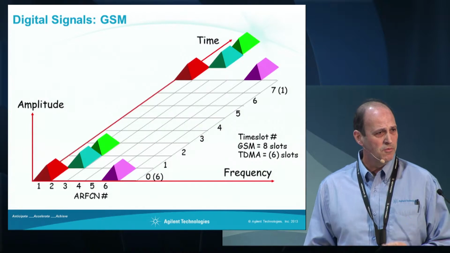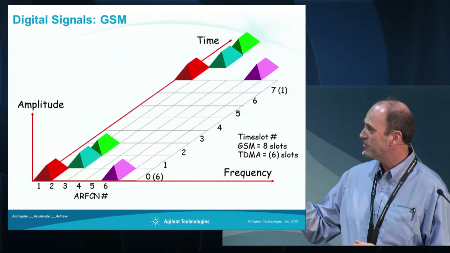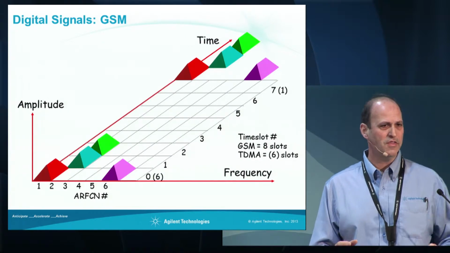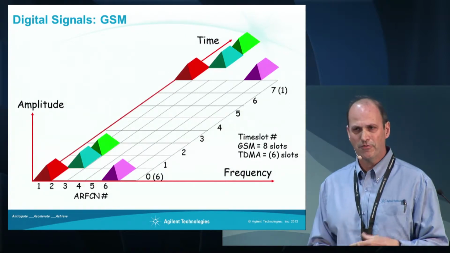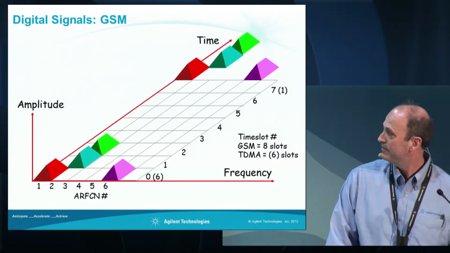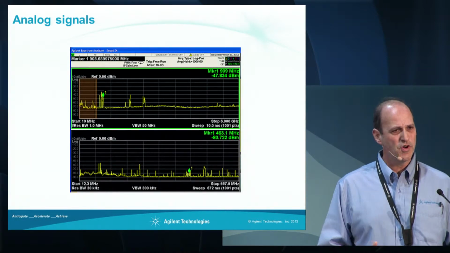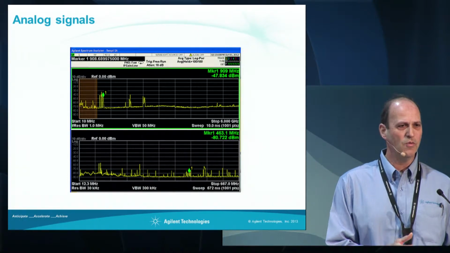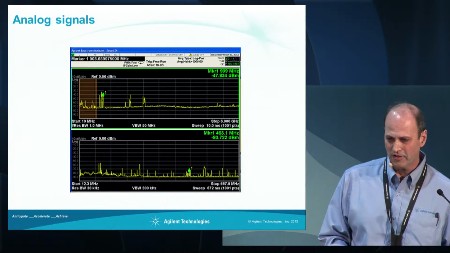Or it might try to be a little more selective and block certain time slots or control channels to prevent specific signals from being transmitted. Again, it's really kind of a trade-off between how much power you have available and what other areas of the spectrum you need to look at.